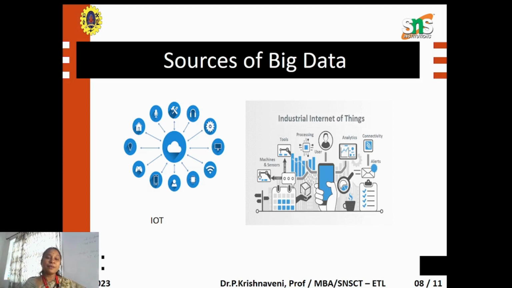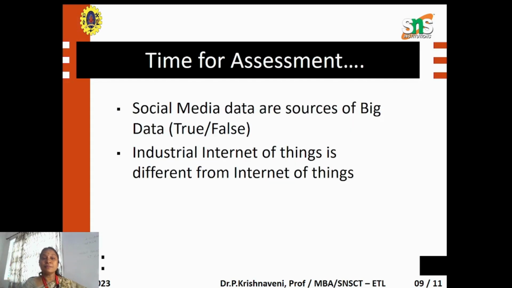Say, for example, if I make an order, that is to be communicated to all the people. Connectivity, analytics, processing, alerts, sensors, everything is to be managed and connected properly with the support of Industrial Internet of Things, and communicated to the appropriate persons with the support of API. This is where the business lies.